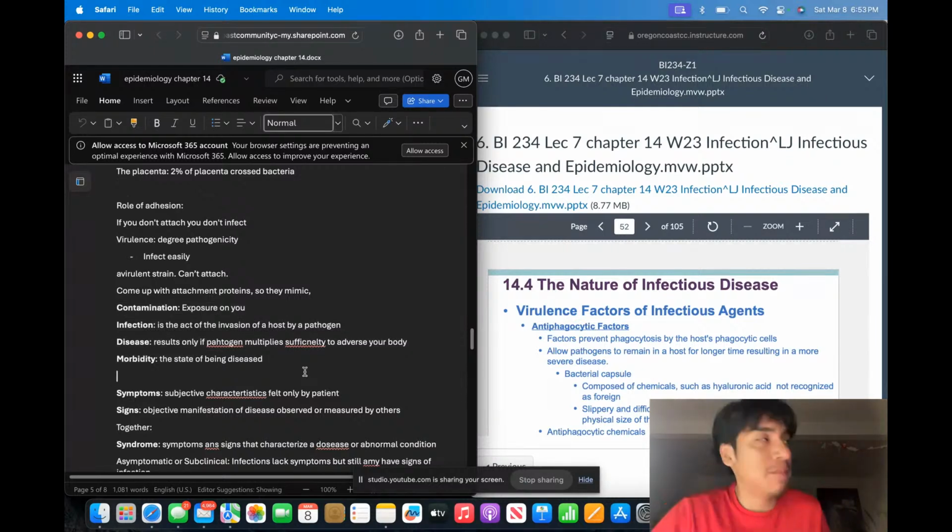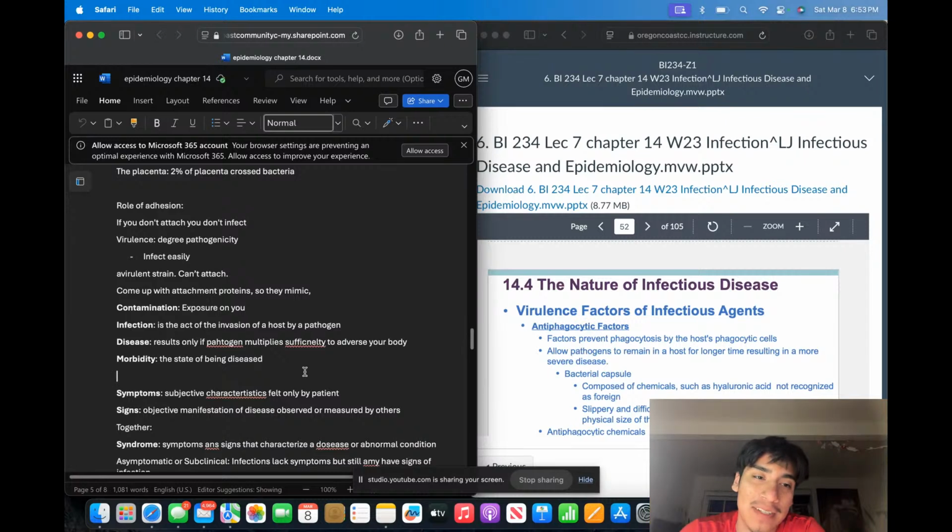Contamination is just the mere exposure of a microorganism on you. Infection is when the microorganism infects your body and multiplies, invades it, and basically sets up shop. Disease is when it multiplies so much that it hurts your body.